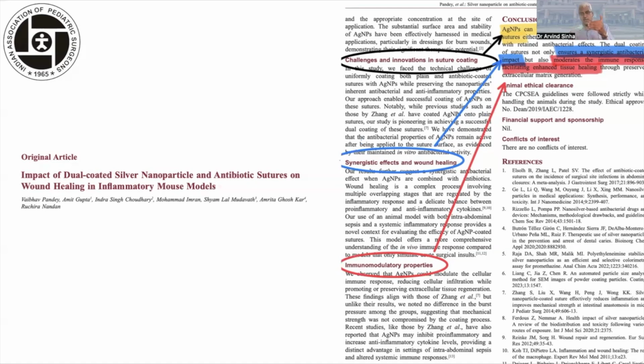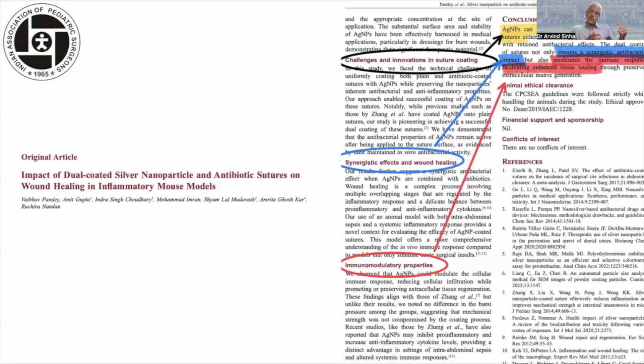They had three key points: challenges and innovations in suture coating, so if we tried to coat, what were the problems; the synergistic effect and wound healing; and how it affects wound healing and immunomodulatory properties, right? All these 3 points funnel towards the three individual lines in the conclusion, what they are trying to say, right?